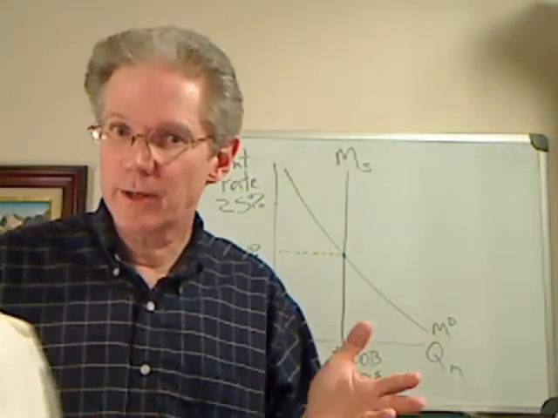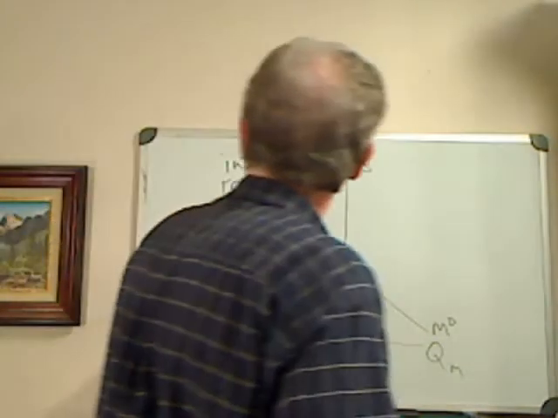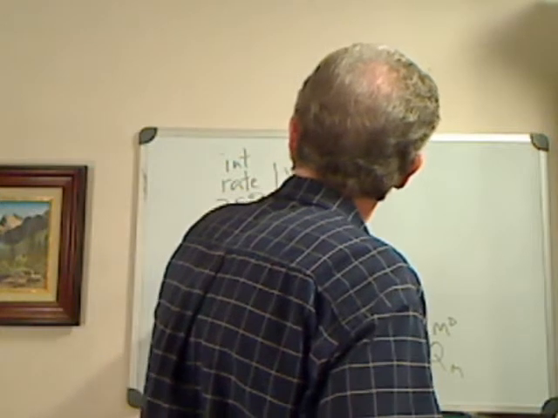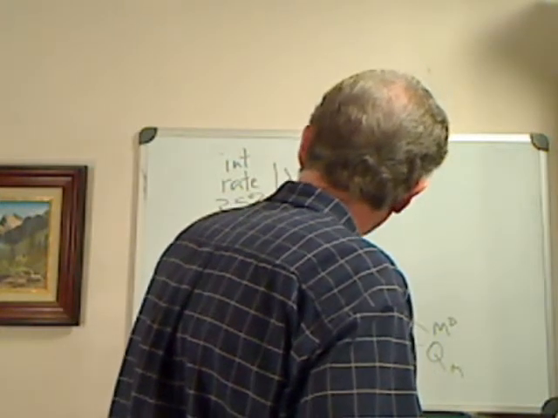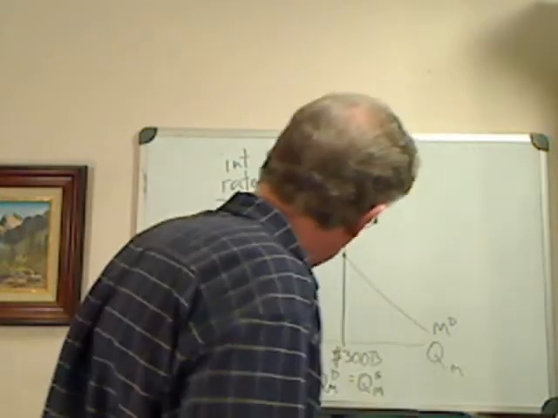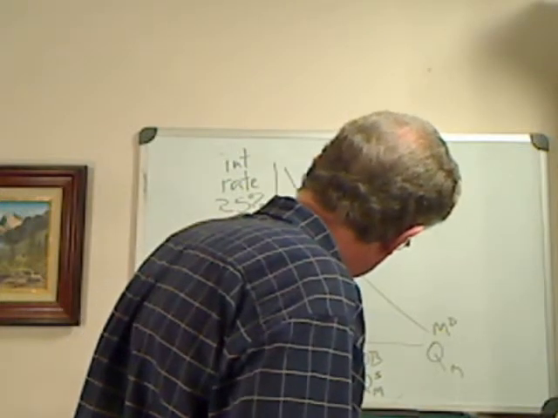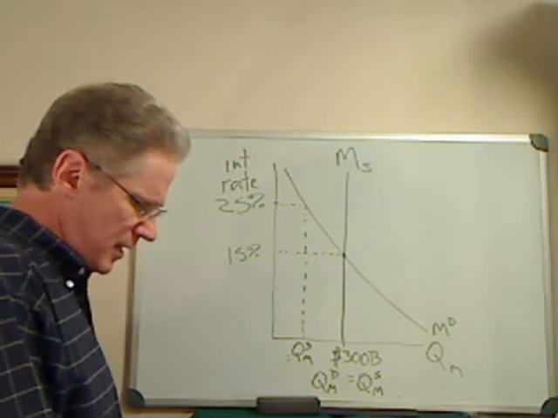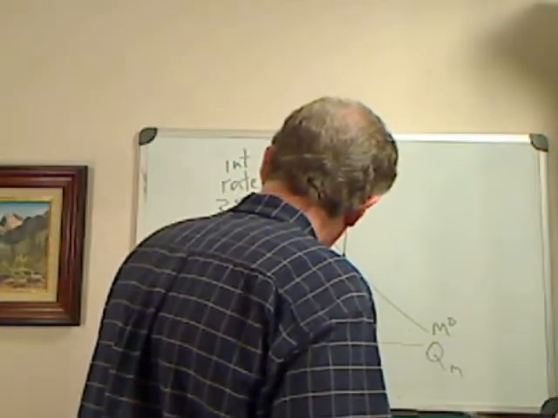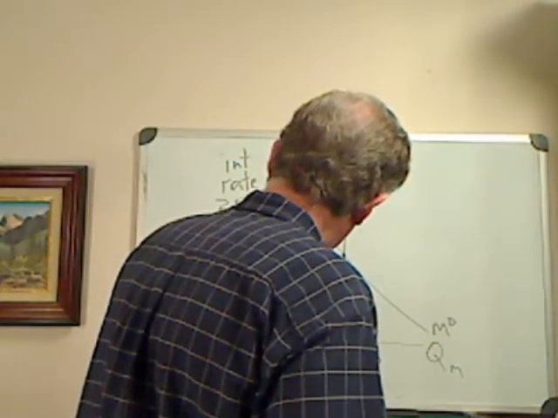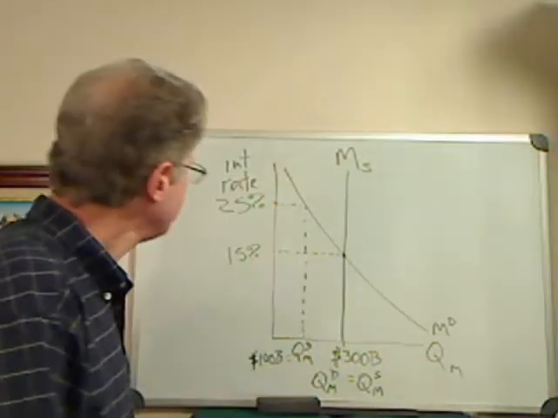And then we compare the two. And so we read over to the demand curve. That gives us the quantity of money demanded at that high interest rate, and it is assumed to be 100 billion.